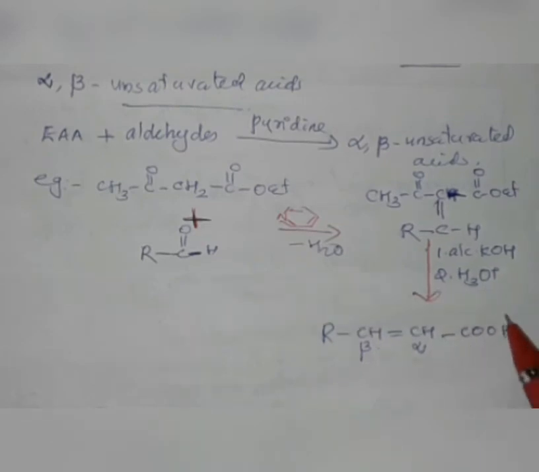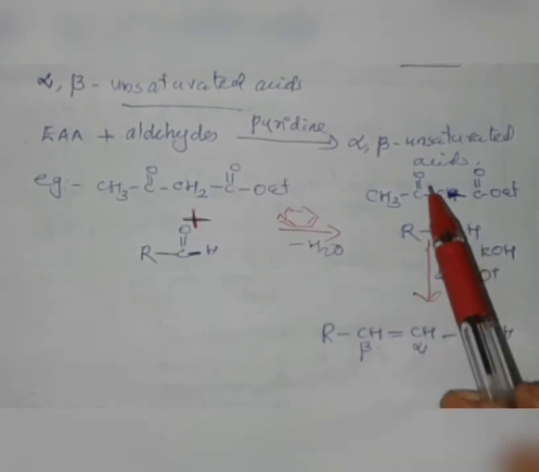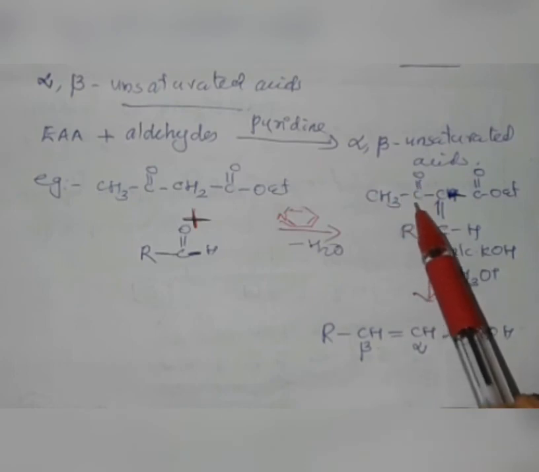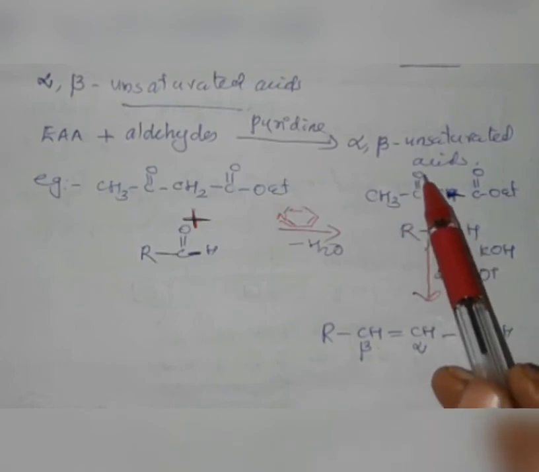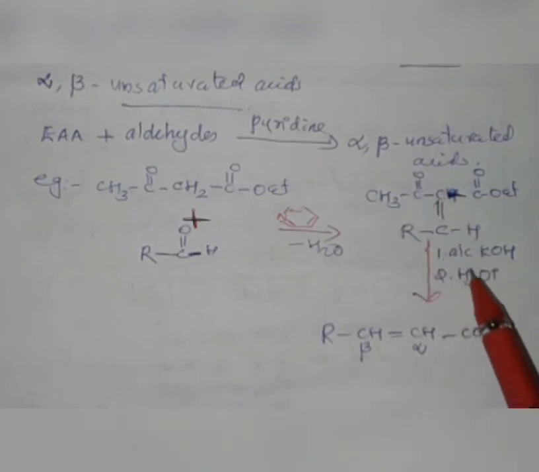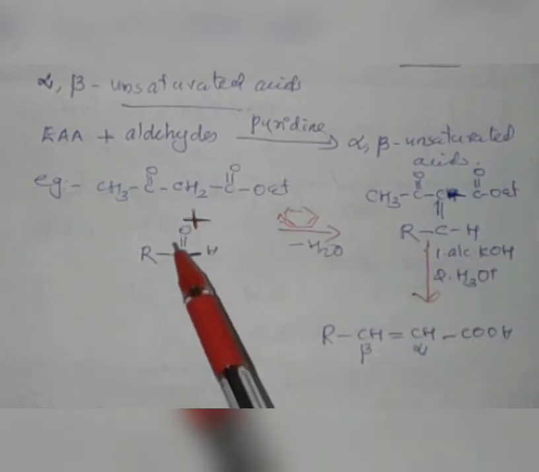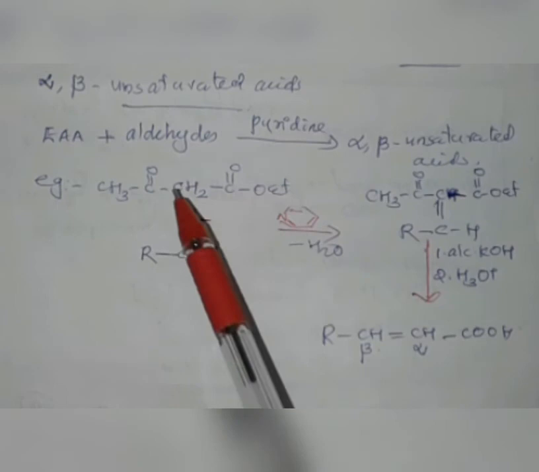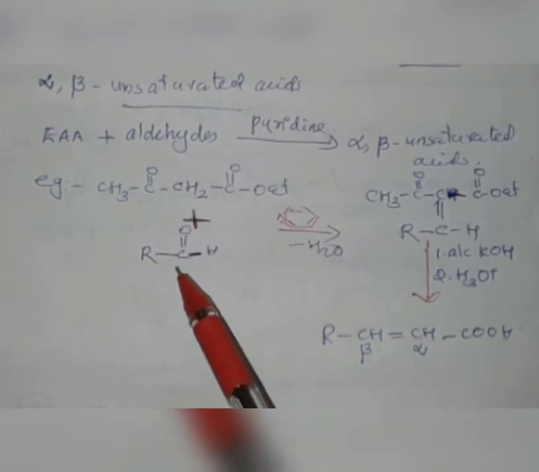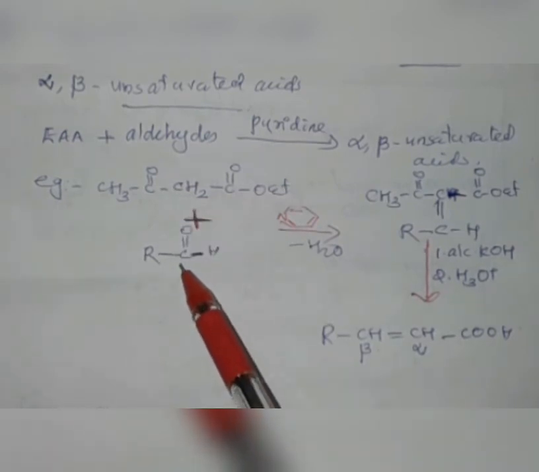Here we need only the acid group. There is no need of the carbonyl group or keto group, so we can treat it with alcoholic KOH. Here this bond is formed between the methylene carbon and the carbonyl carbon of the aldehyde.